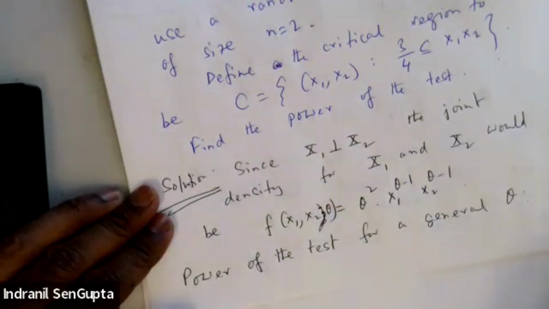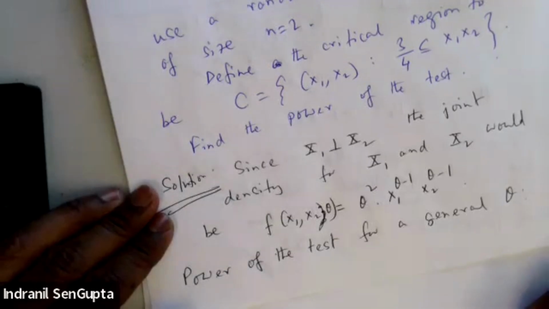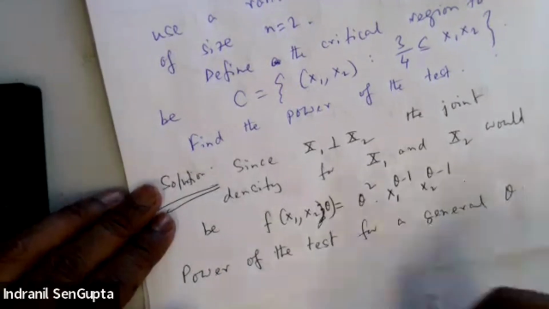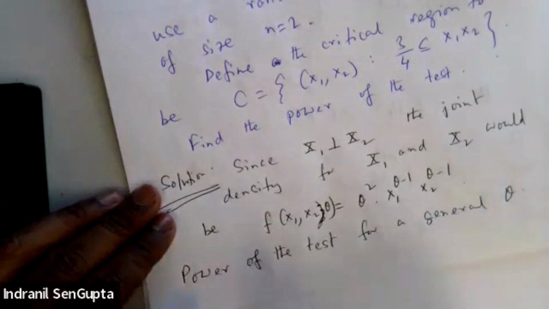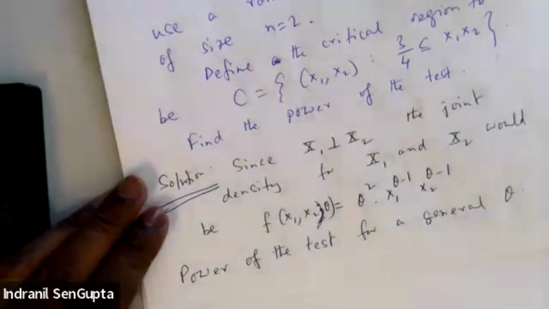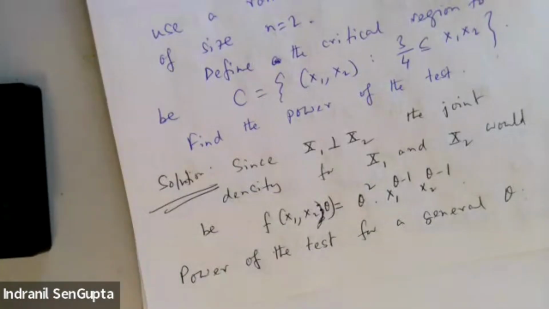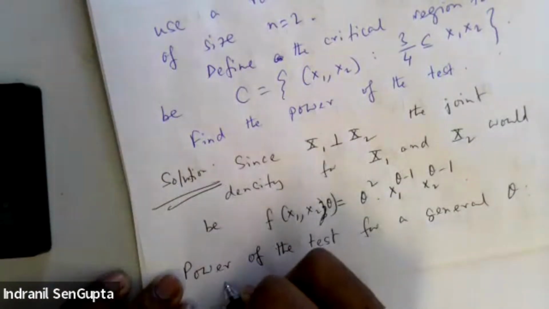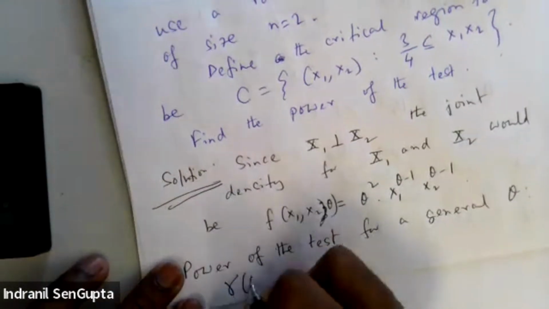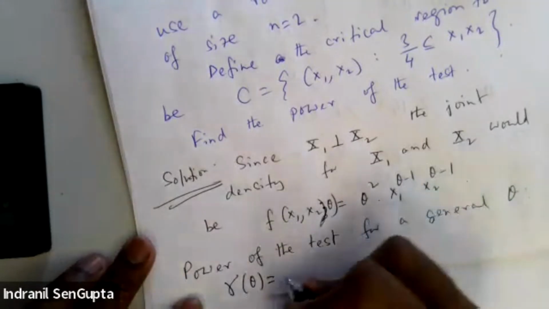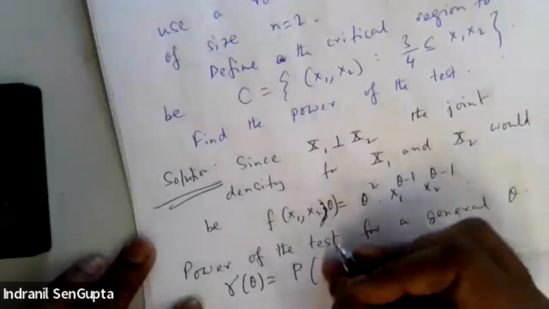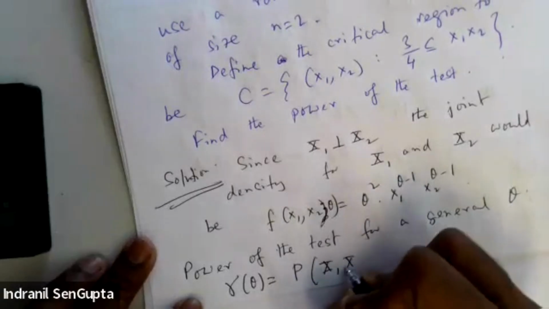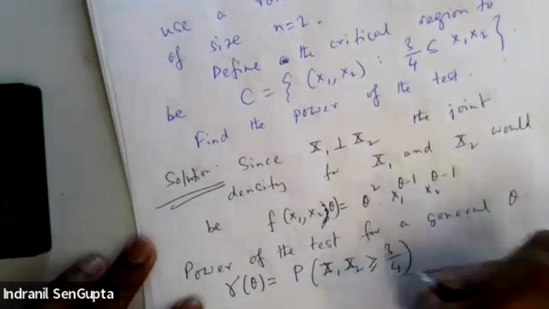It means it's the probability of rejecting the null hypothesis, which is given by gamma of theta, which is really P of x1, x2 bigger than 3/4, right?